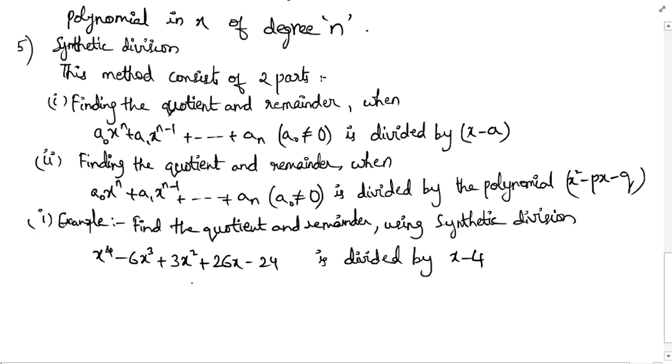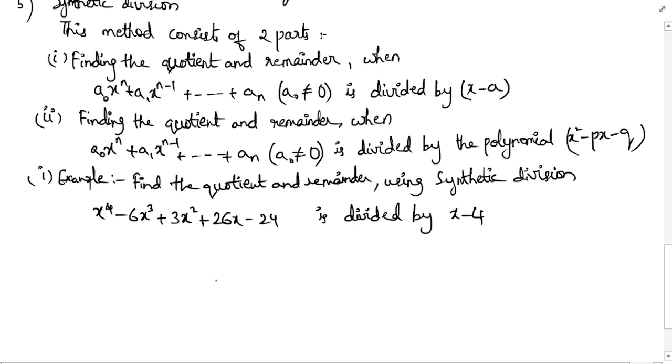So what is synthetic division? We have to write all the coefficients: a0, a1, a2, a3, and this is the constant, right? For x^4 the coefficient is 1, because nothing is present there, so we assume it as 1. Then minus 6, then 3, then 22, then the constant is minus 24.